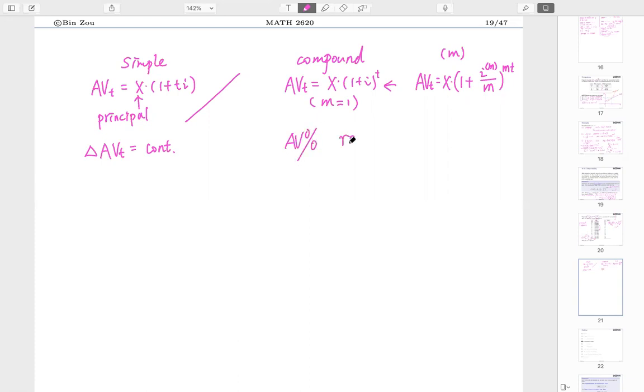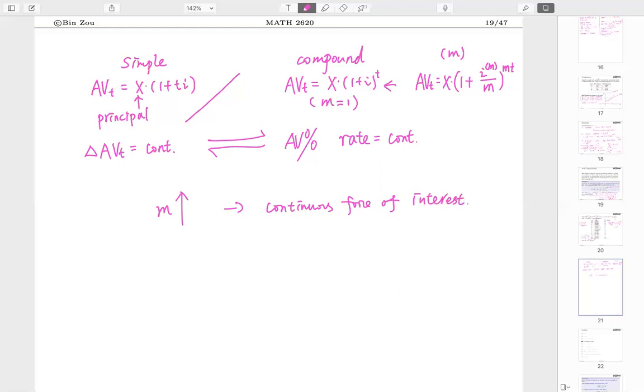The rate is constant. So that is rather the key difference between those two forms, okay? Once we know how they accumulate, we also studied a special case when m goes to infinity, right? And that's what we will learn as the continuous force of interest.